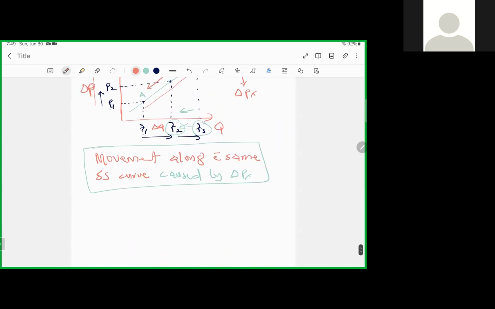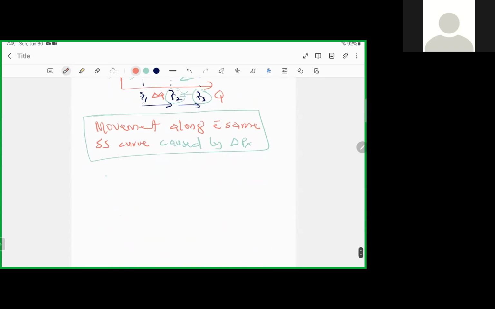Now, the second one we are going to look at is the change in supply. These are two different things.